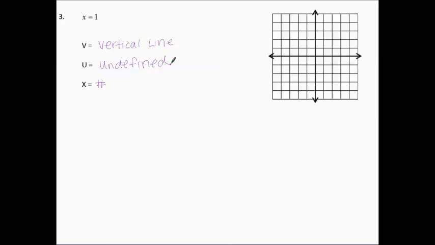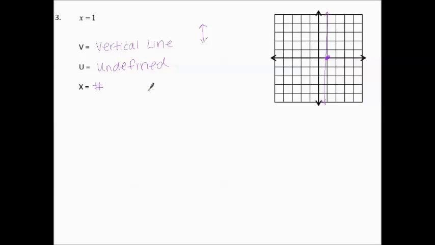So when I graph this, I'm going to go over to x equals 1, which is right here. And I am going to draw a vertical line through that point. So my vertical line goes up and down.